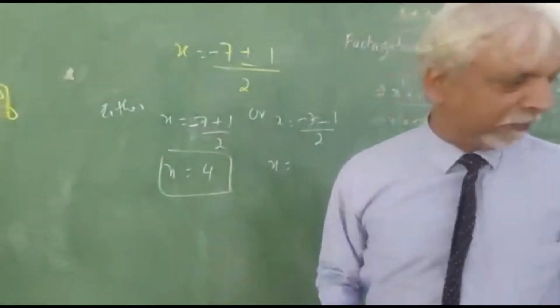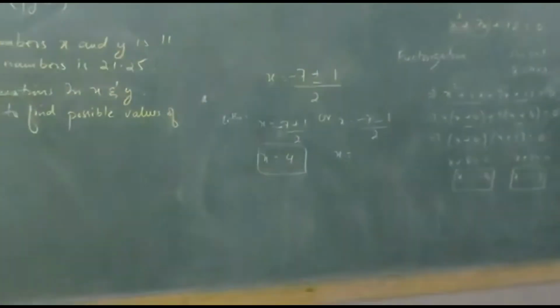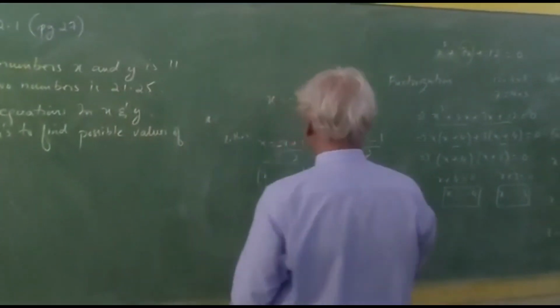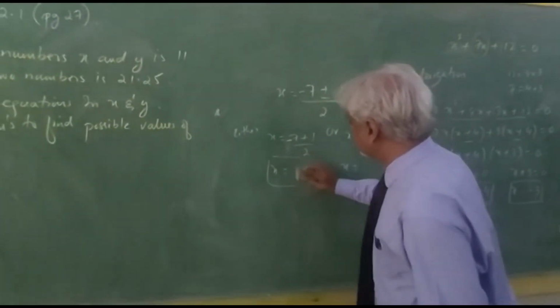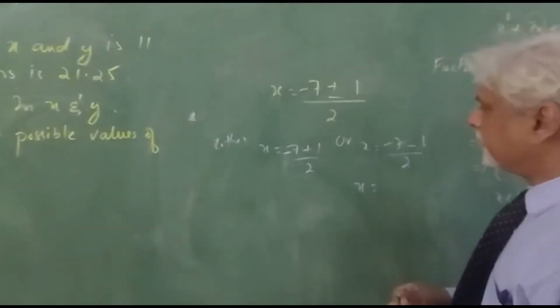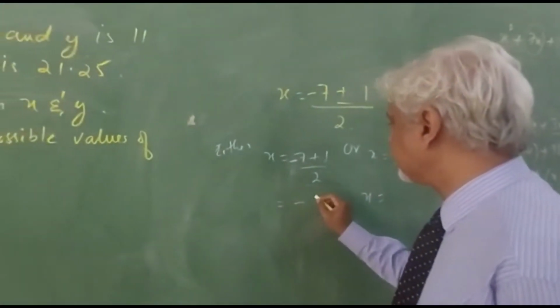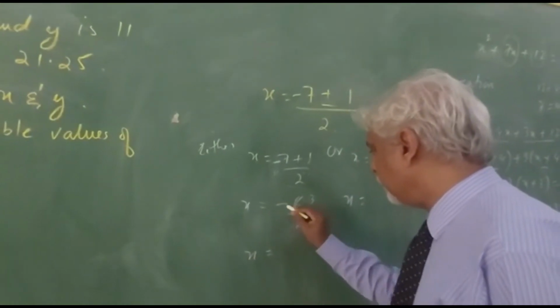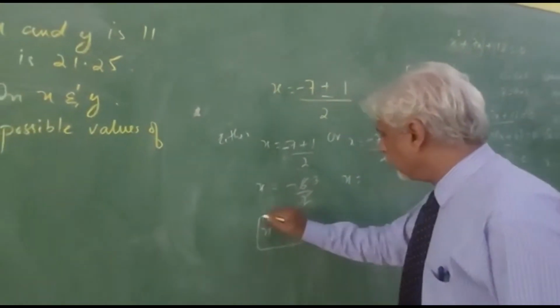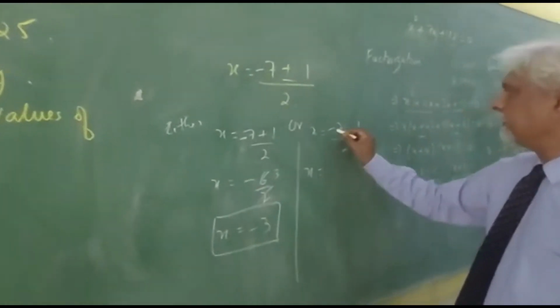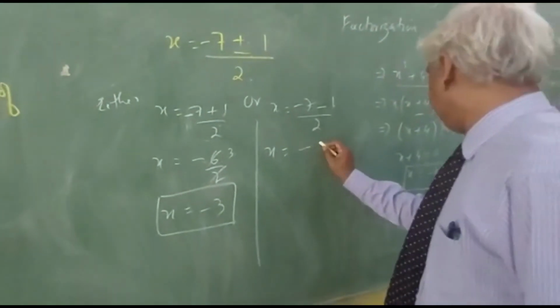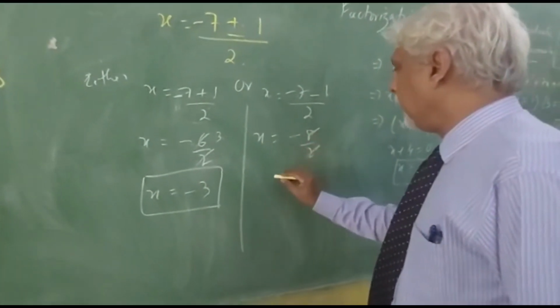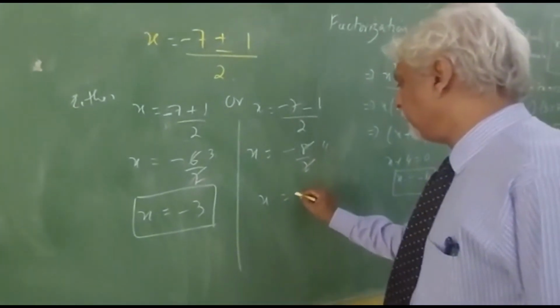I made a mistake here, let me just correct this. Minus 7 plus 1 will give you minus 6 over 2. So that would give you x equals minus 3. And as I was solving this, minus 7 minus 1 would give you minus 8 over 2, and this will cancel out and you'll get minus 4.